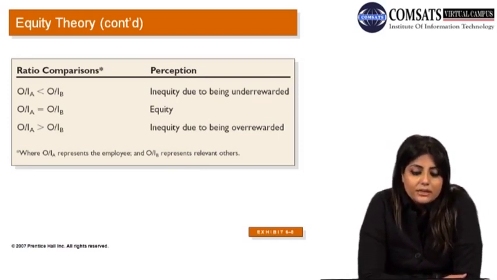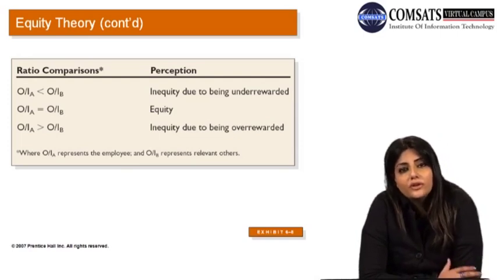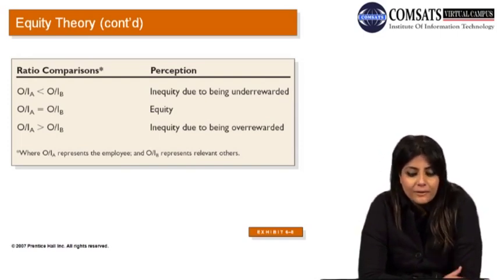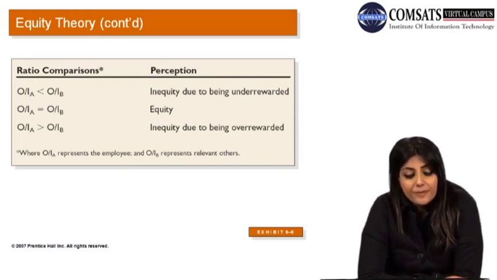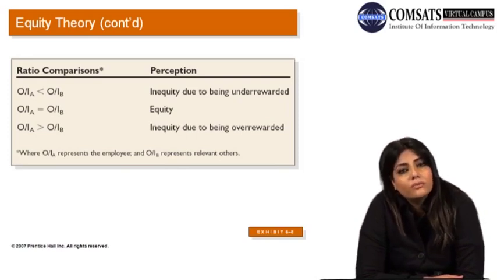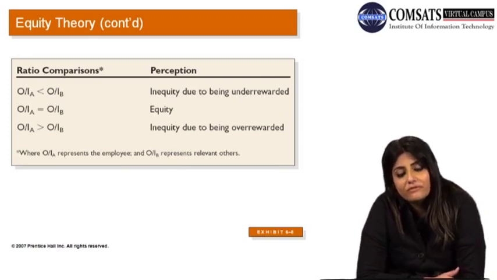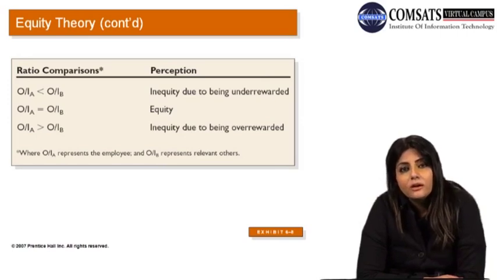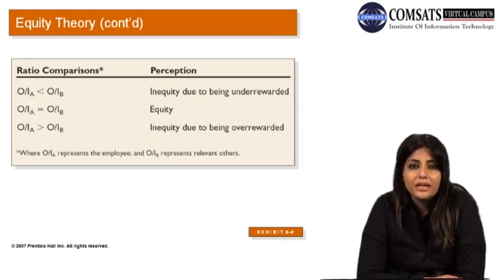Then the second possibility is that you compare your input-output ratio with that of your co-worker, and you feel that they are alike, and then you will perceive equity. The other case is that you perceive inequity because you're being over-rewarded. That is the case when your ratio exceeds that of your referent other. So inequity can come both from being under-rewarded and from being over-rewarded.